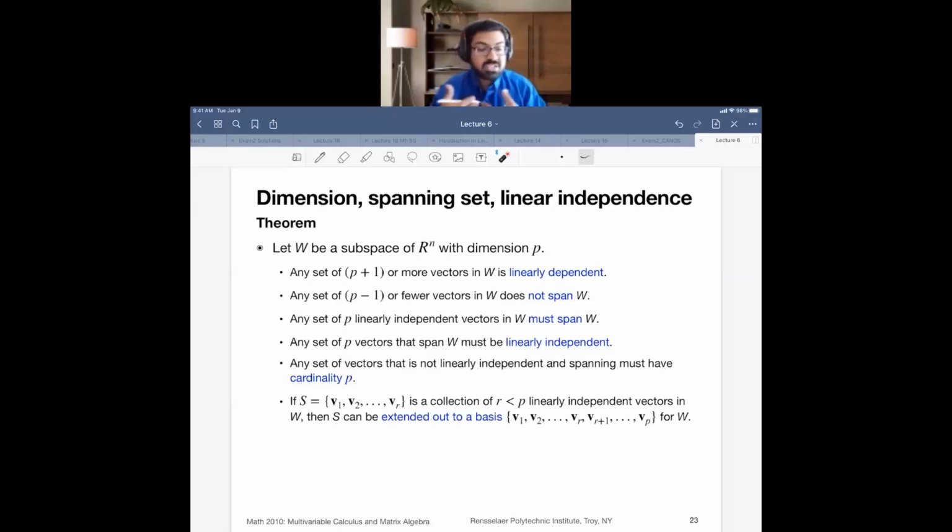What about if you wanted to extend out the basis? How many vectors do you need? Well, a basis is your smallest spanning set. If you increase the number of vectors in your basis, you can extend it out to a bigger subspace.